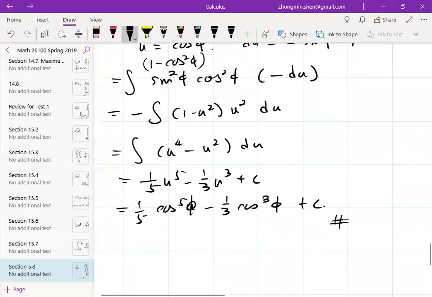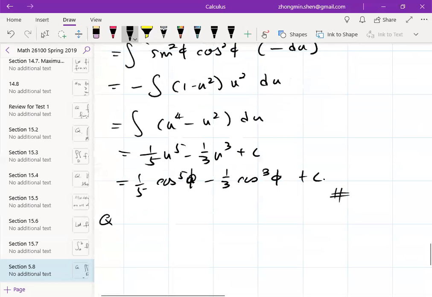I'm going to try to discuss a little bit more problems here, how to set up the integral using spherical coordinates. The next problem will be number 30. Okay.